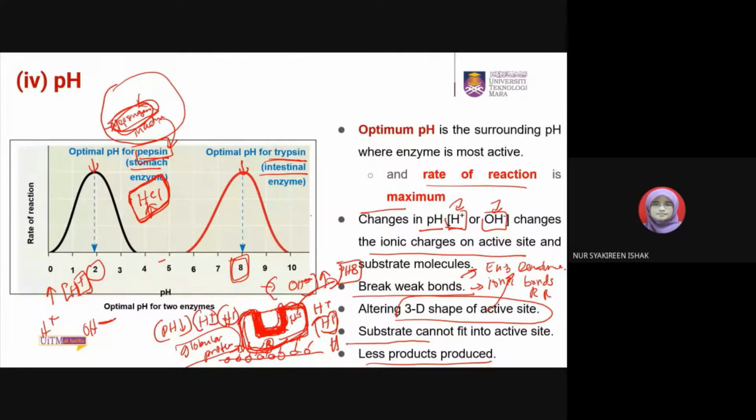If you interfere with the side chain interaction, especially the ones involved in the formation of ionic bonds, it can cause the ionic bonds to break. This can lead to the enzyme being denatured. It changes the shape of the active site.